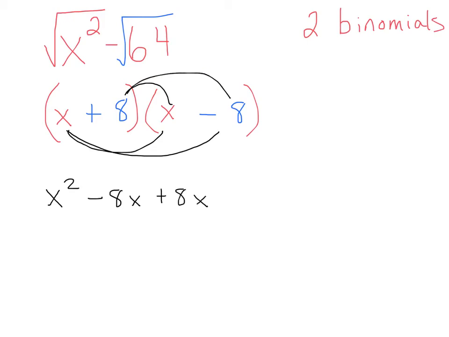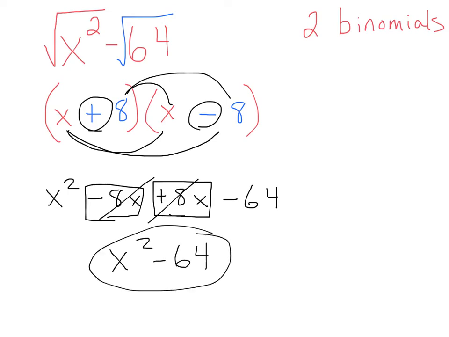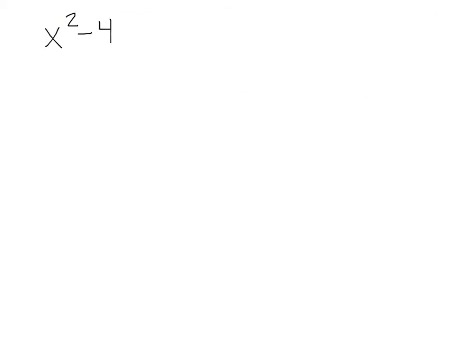And 8 times negative 8 is negative 64. Now what you notice is negative 8x plus 8x is 0, isn't it? And so they cancel. That's why the signs have to be different, right? So you end up with x squared minus 64. Is that what we started with? So when we factored it like this, we factored it correctly, didn't we?